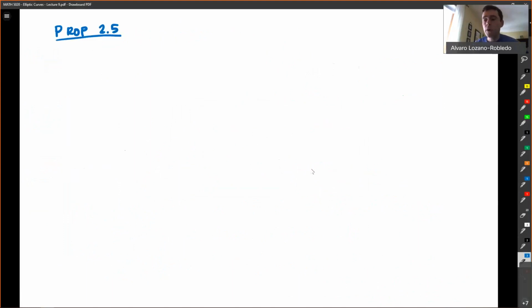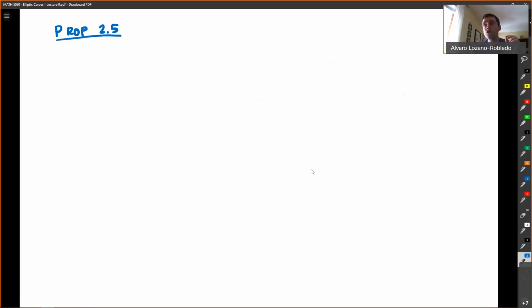Okay, so now let me talk about proposition 2.5 in the book, which is the following topic. We now have that if you have an elliptic curve, you have a group law. So you may ask what happens if your Weierstrass form is singular.